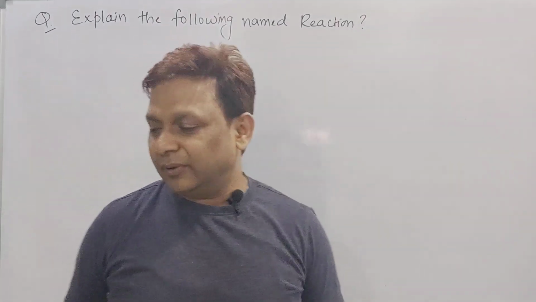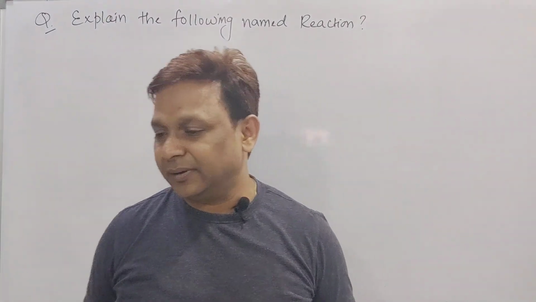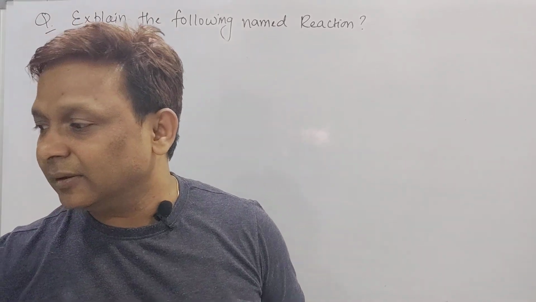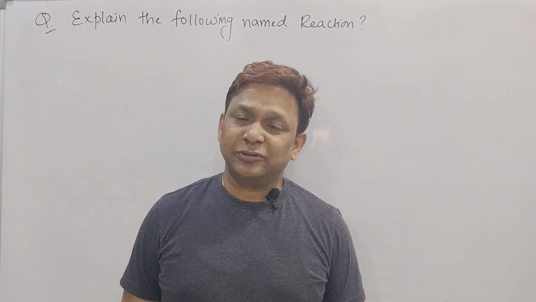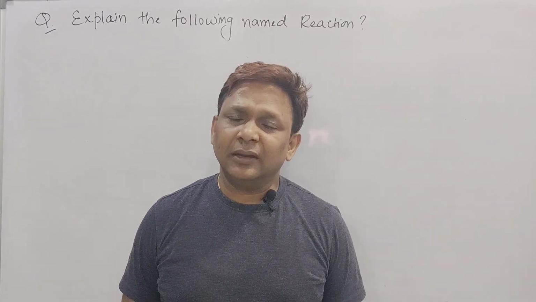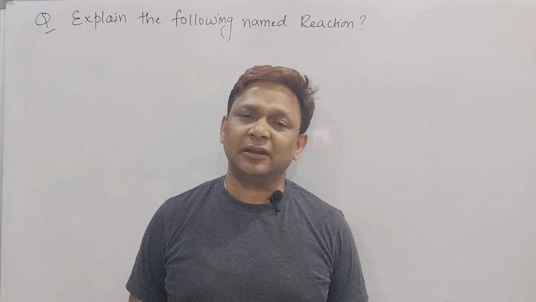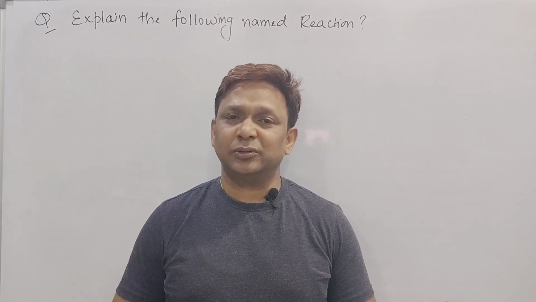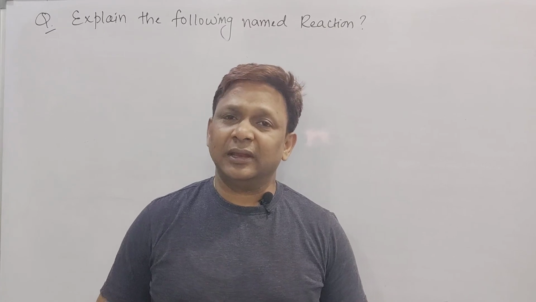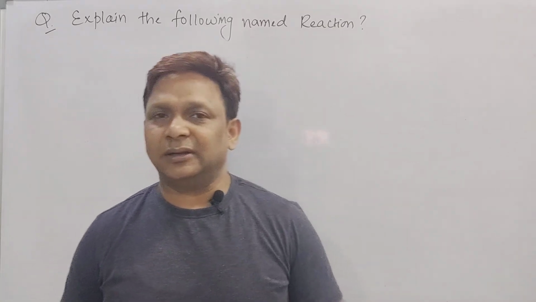But till now we completed two. One is called diazotization, and one more is Sandmeyer and Gattermann. In diazotization, what we did, aniline, a benzene ring bearing NH2 group, was converted into benzene diazonium chloride on treating with NaNO2 and HCl at 0 to 5 degrees centigrade.